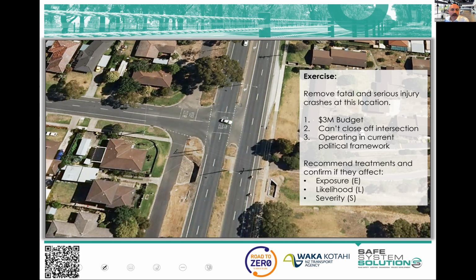And so when you come up with a treatment, whatever it is, let's go back to that sign. Say you want to put a warning sign at the intersection back here, intersection ahead or something.